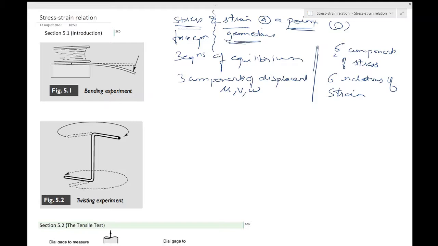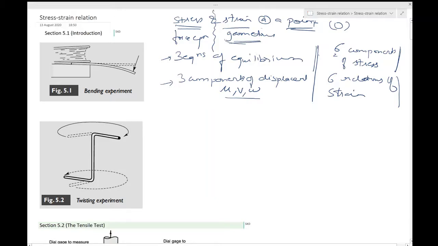By this time you should be able to tell what the 3 equations of equilibrium are, and what the 3 components of displacement are. What are the 6 components of stress and how they are related to the forces? You should be able to quickly go through all those things, and then how the 6 relations of strain are related to the displacements.